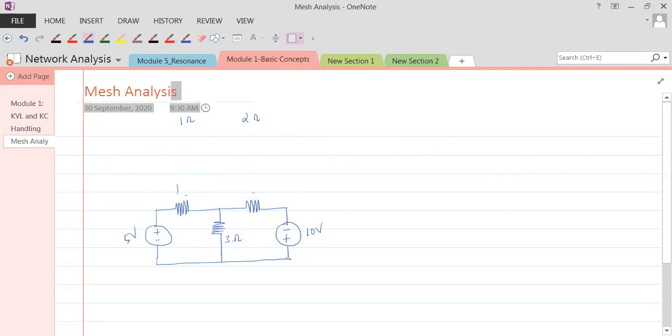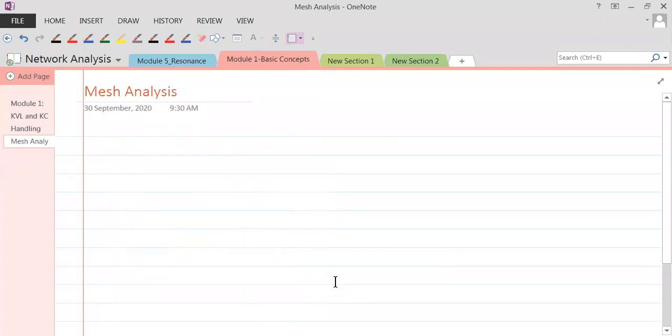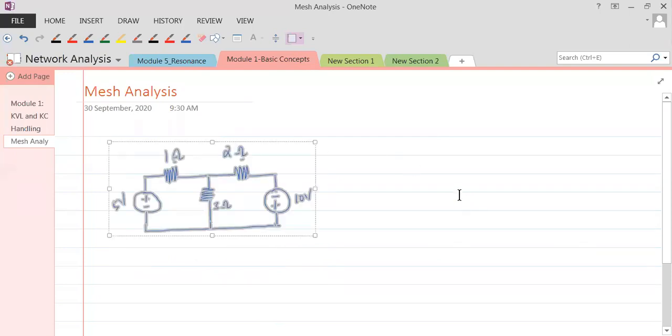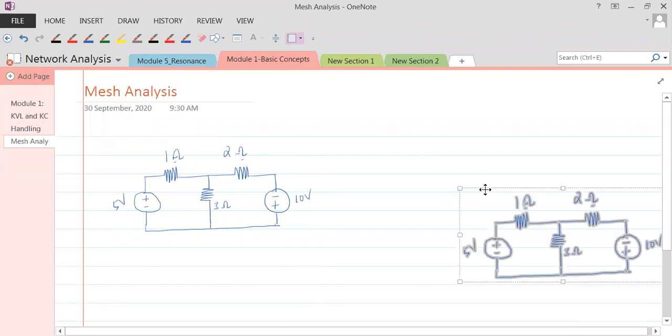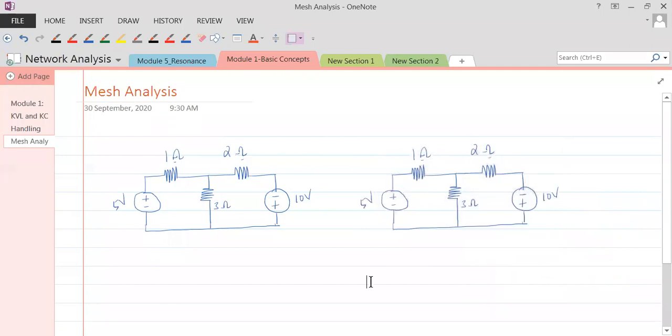So this is 1 ohm and this is 2 ohms. Fine. Okay. Let me take the same circuit diagram again. Now I've taken the same circuit.